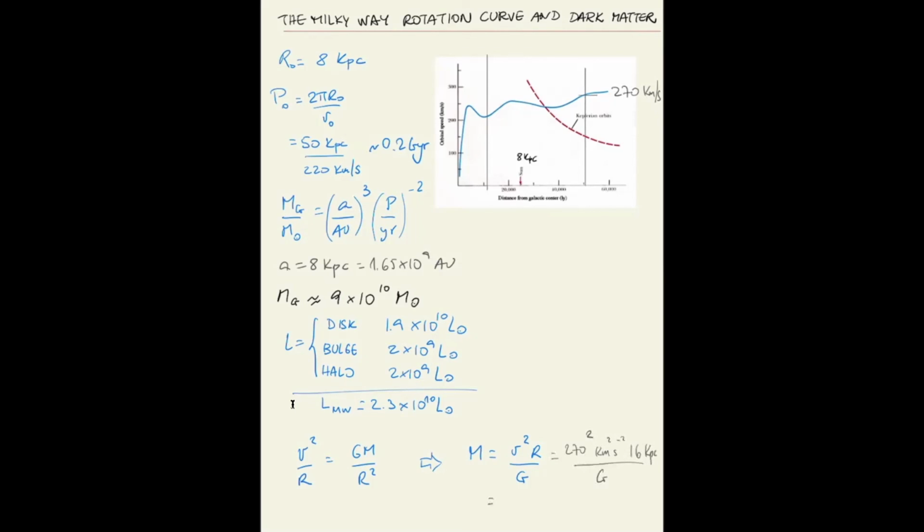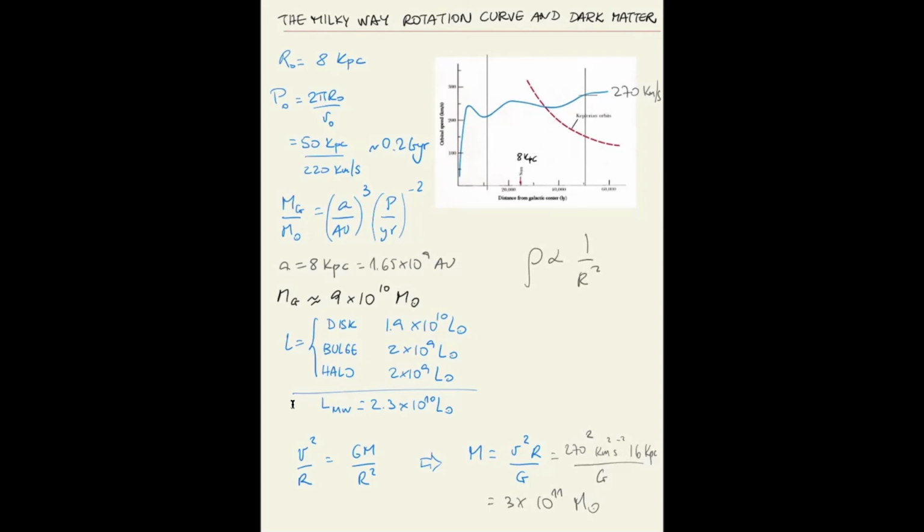The mass inside the radius is about 3 times 10 to the 11 solar masses. Since V is roughly constant outside the Sun's orbital radius, the mass must increase proportionally to the radius, implying an average mass density that is falling as 1 over r squared, in a region where the luminosity density is plummeting exponentially.